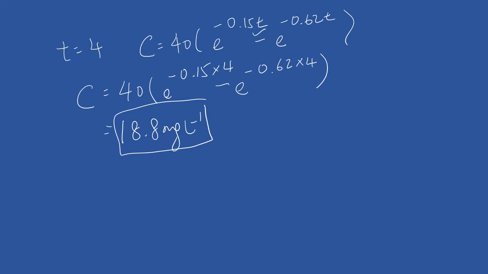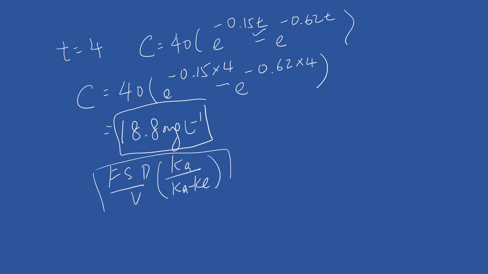For the second part, you need to calculate the half-life. If you look at this equation, F·S·D divided by volume, Ka minus Ke, this first part over here is equivalent to 40, while the second part is e^(-Ke·t) minus e^(-Ka·t).